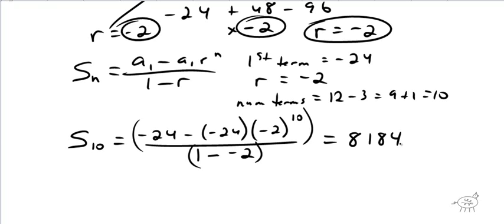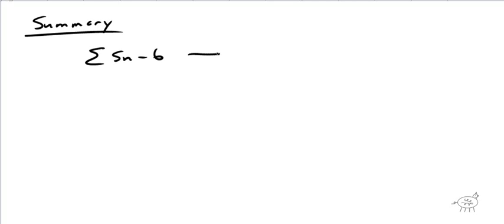If you see a summation, you've got to investigate it. So let's investigate, just to review here a little bit. So this is a summary. If you see something like the summation of 5n minus 6, you should know that is arithmetic. In fact, that 5 there is what your D value is.